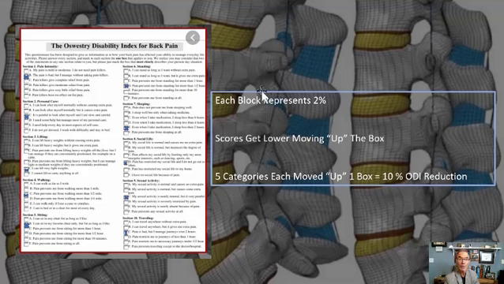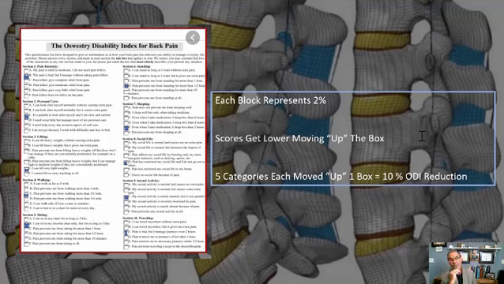Now, each of those blocks represents 2% if you've completed the entire form. And as you'll recall, the scores get lower as you move from the lower part of the box upwards. In other words, if you're moving from selection F towards selection A, that indicates an improvement in your condition.